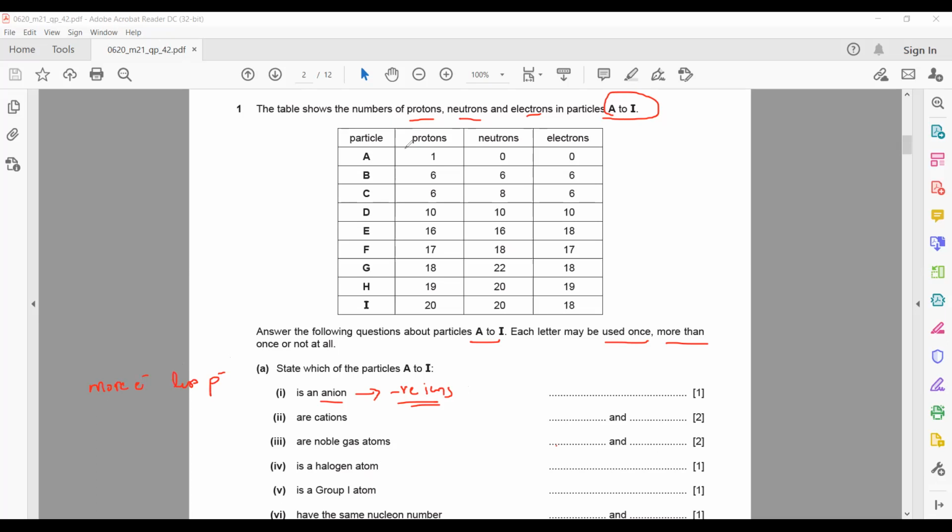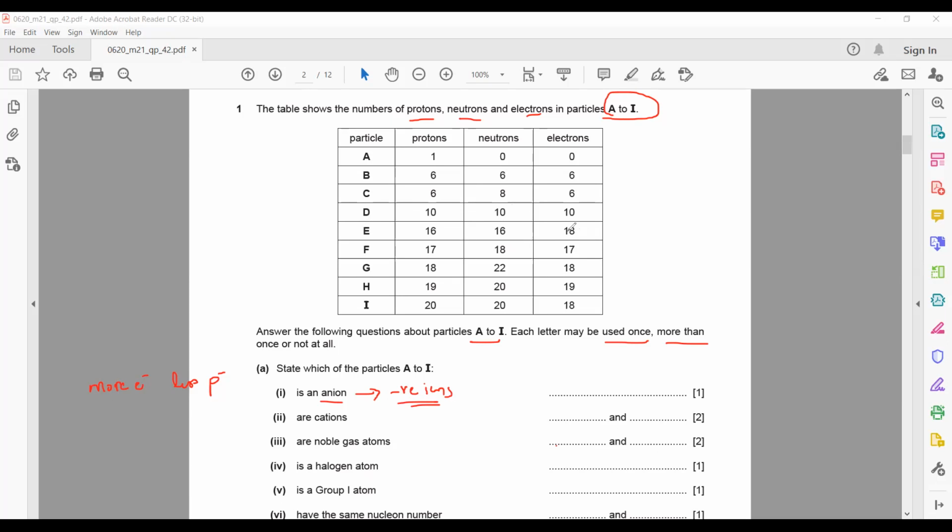So which one from letter A to letter I has more electrons and fewer protons?